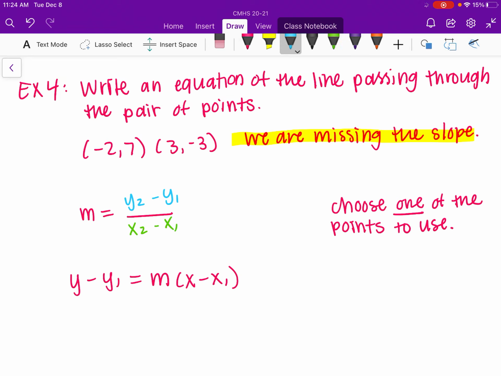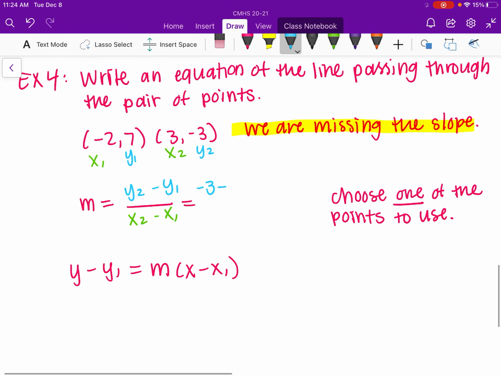So let's go ahead and label these again. This was y1, sorry, and this was y2, and then this was x1, x2. So plug them in. The second y is -3 minus the first y is 7, over the second x is 3 minus the first x is -2.